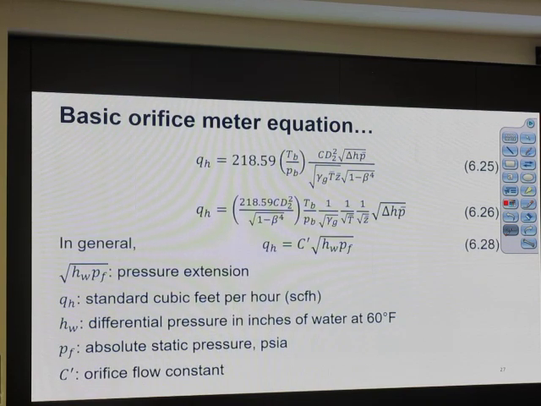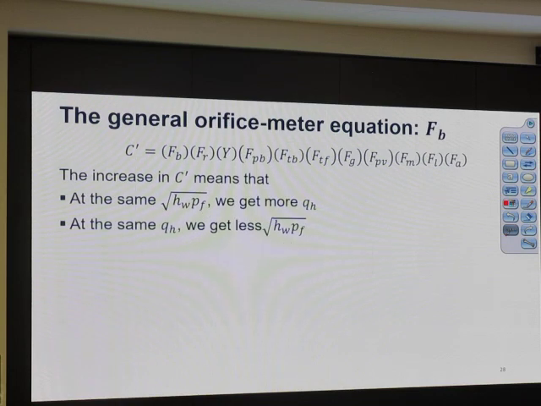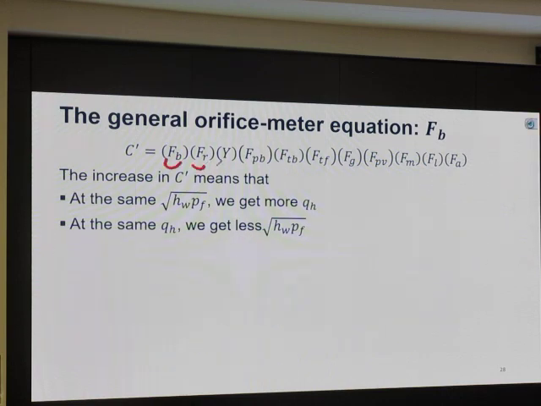One thing before you go: what you need to know is what is the biggest factor in C prime. C prime is a combination of several terms, F sub B, Y, and so on. Which one is the highest value? Or which one changes most?